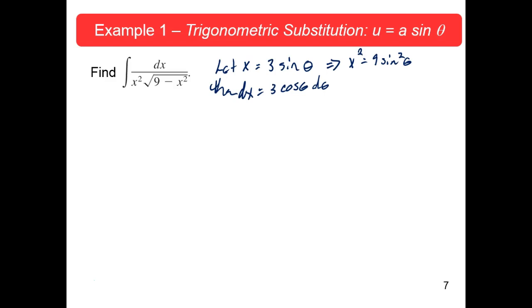Okay. So now, let's take one more step here. While we're there, let's do the radical. So this also implies that the square root of 9 minus x squared would be the square root of 9 minus, and x squared is 9 sine squared theta, right?